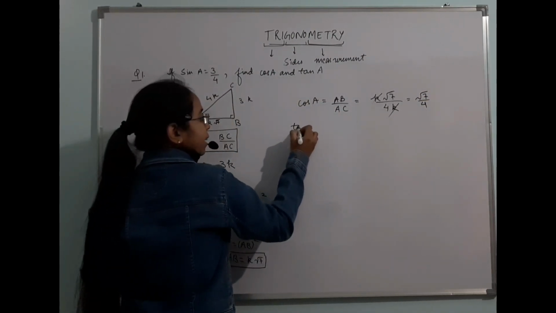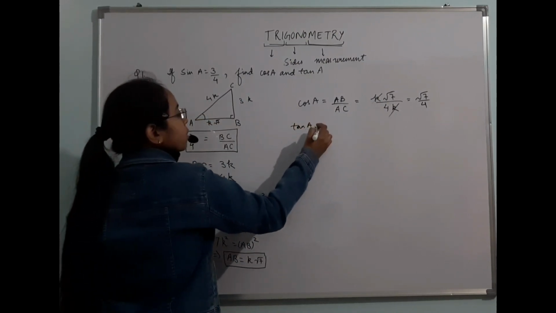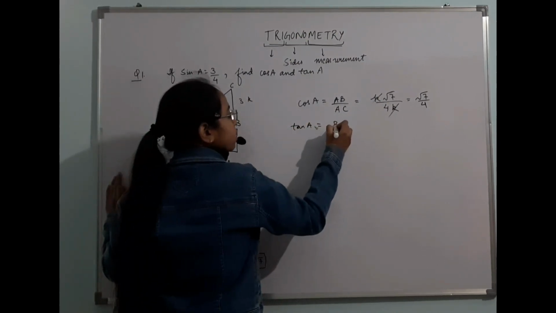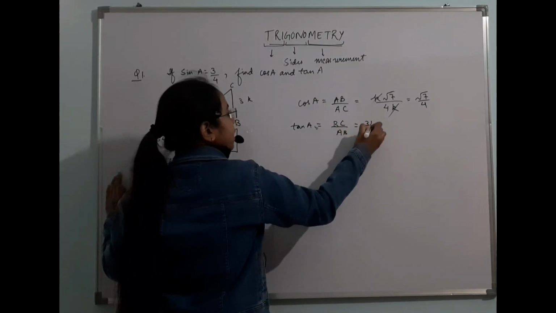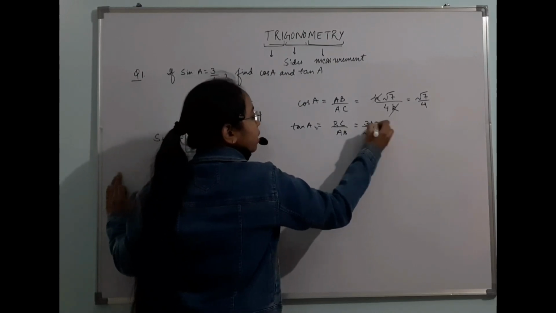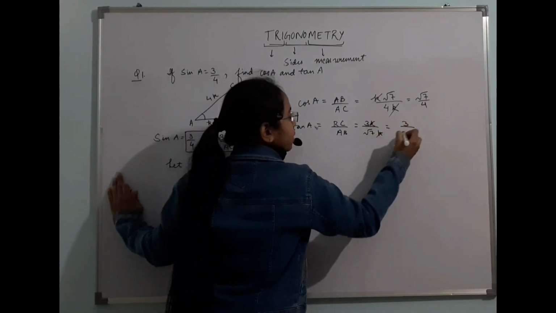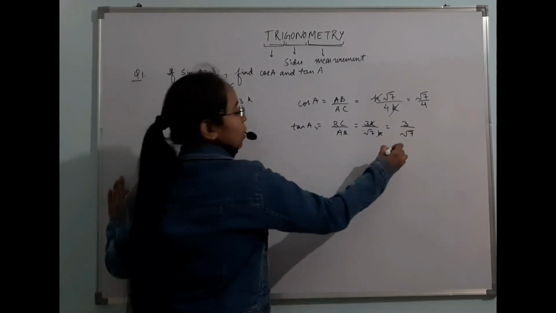Similarly, tan A is perpendicular upon base, perpendicular BC, base AB. So BC is 3K and AB is root 7 K. Cancel out K, we get tan A is 3 upon root 7. So this is the required answer.